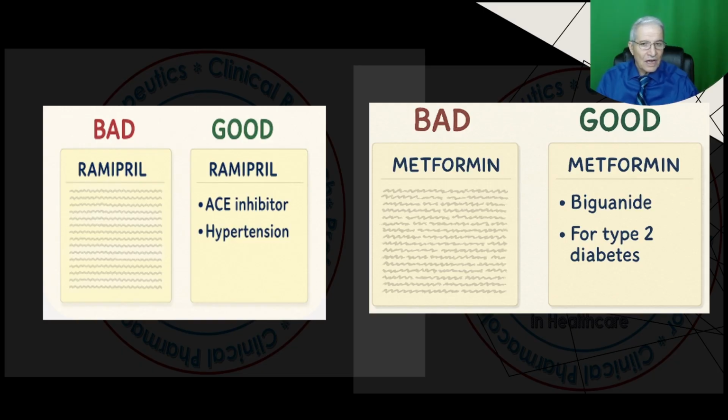We can add heart failure treatment. Another example, for metformin, we don't write everything about metformin. We write only bullets about the takeaway points. Metformin belongs to the biguanide group, used for the treatment of type 2 diabetes.